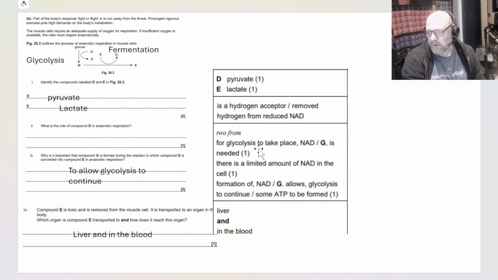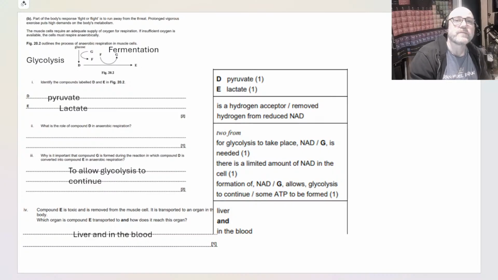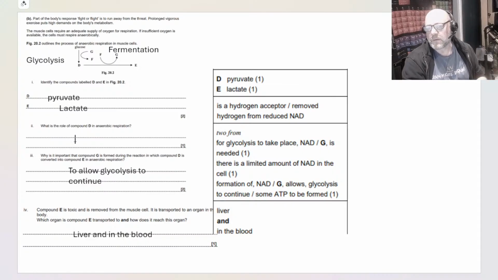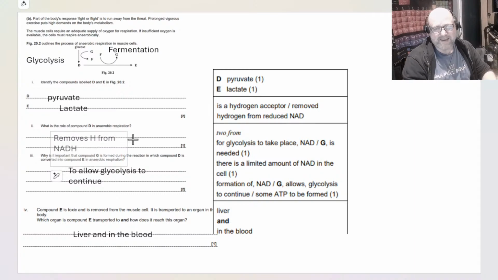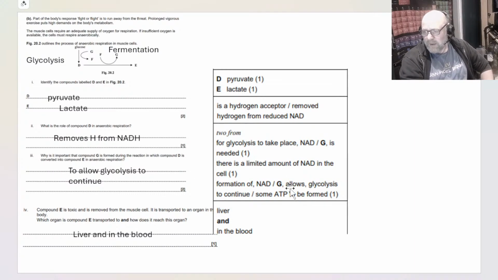And that is in the fermentation step. So in that step, it does that. So yeah, it removes H from NADH, or you could just say removes hydrogen from reduced NAD. This allows glycolysis to continue, and the liver and in the blood.